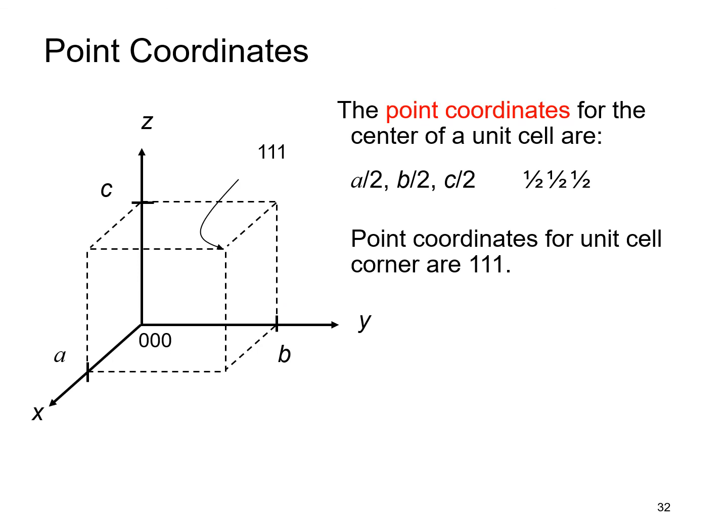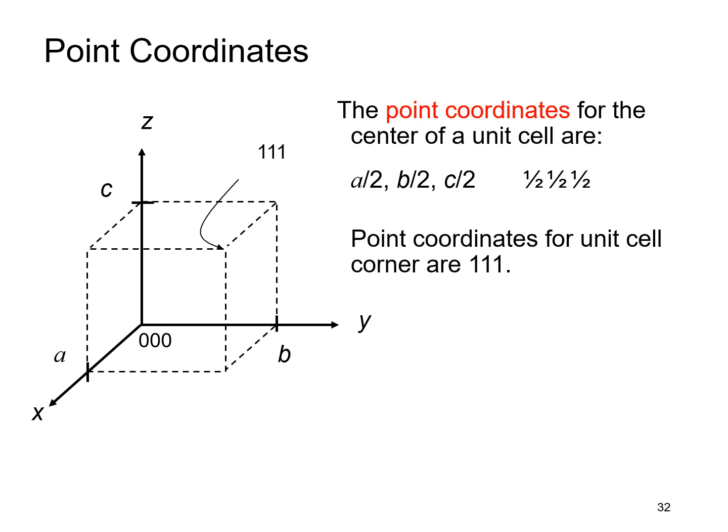Sometimes it's necessary to specify a lattice position within a unit cell. These positions can be defined in terms of 3 different lattice position coordinates, which are associated with the X, Y, and Z axes. The coordinate specifications are possible using 3 point indices, which are fractional multiples of the unit cell lengths.